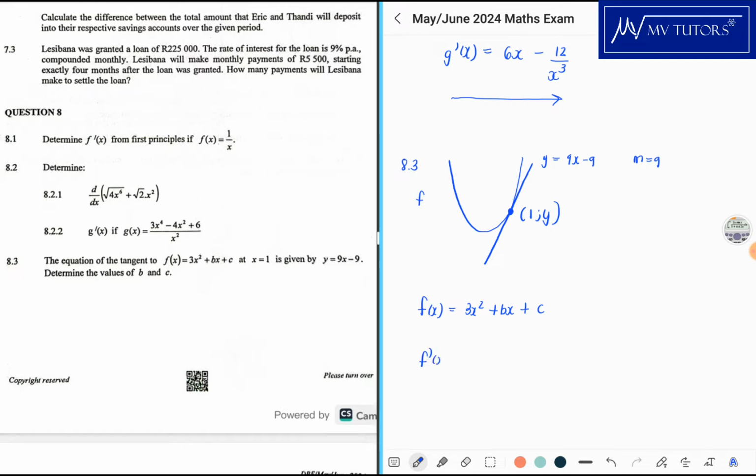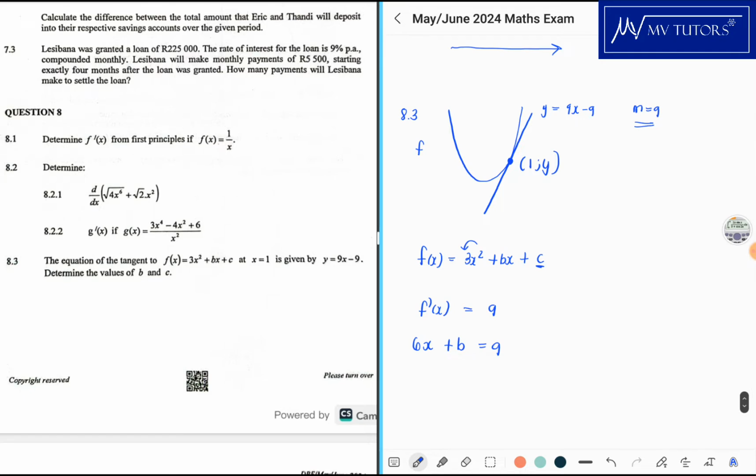If I get the first derivative, that is equal to the gradient, and we know that the gradient is 9. What is that first derivative? I'm going to use the power rule. 3 times 2 is 6x, and then 2 minus 1 is 1. And then I have b, because the constant is 0. So 6x plus b is actually 9. So I can then get the value of b.